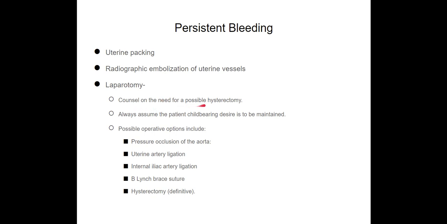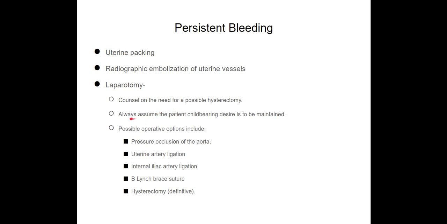So you should counsel the patient on the need of a hysterectomy because hysterectomy is the definitive treatment for uncontrolled postpartum hemorrhage. Other things you can do in a laparotomy include pressure occlusion of the aorta, uterine artery ligation, internal iliac artery ligation, a B-Lynch brace suture, or if all those fail, a hysterectomy.